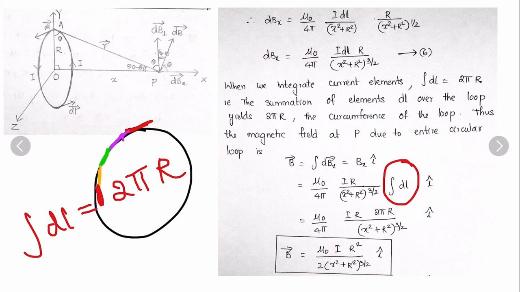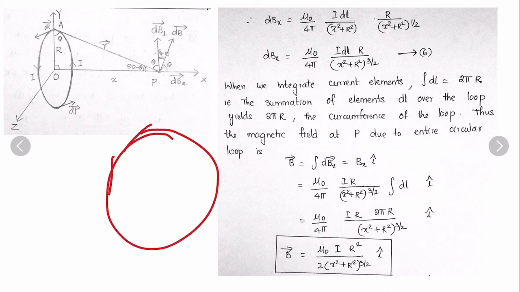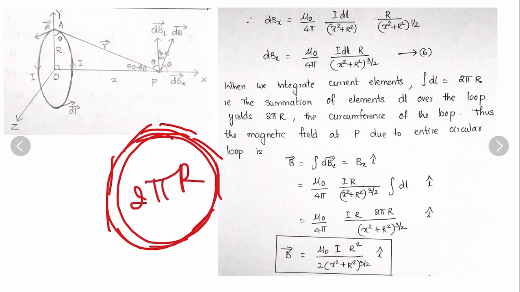Integration means summing up all dl's around the full loop. It is nothing but the circumference of the circle, which is equal to 2 pi capital R.